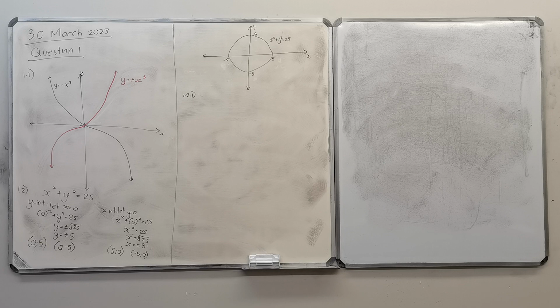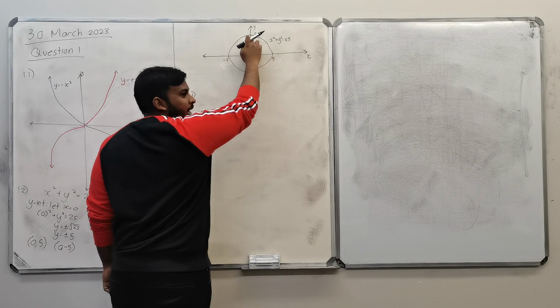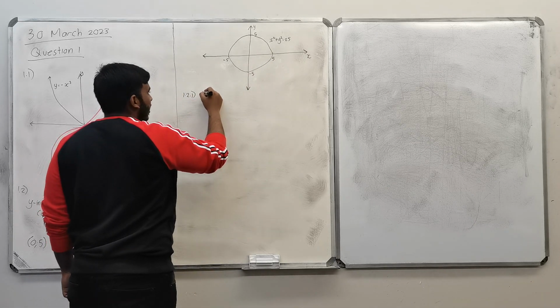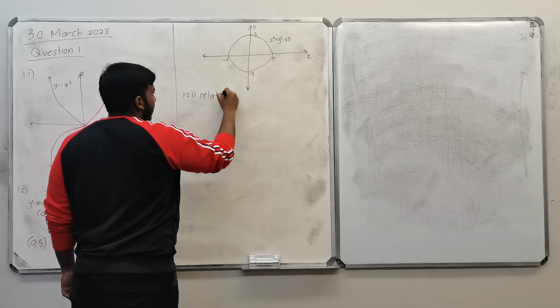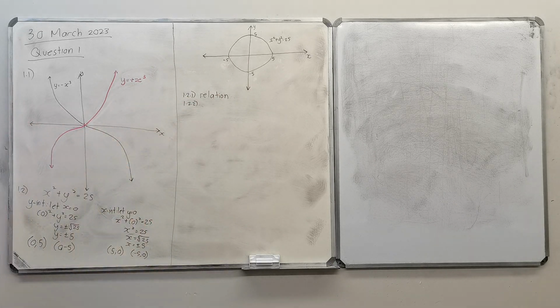If I take an x value of 2, I'm going to get 2 y values, right? It's going to go up to the y-axis and get a y value, and it's also going to come down and get a y value. So this graph is a relation.